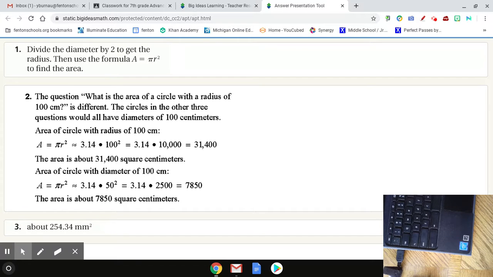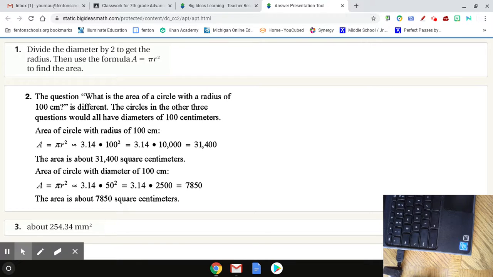So let's see here. Which one is different? I don't see the answer really here. Okay, I got it now.